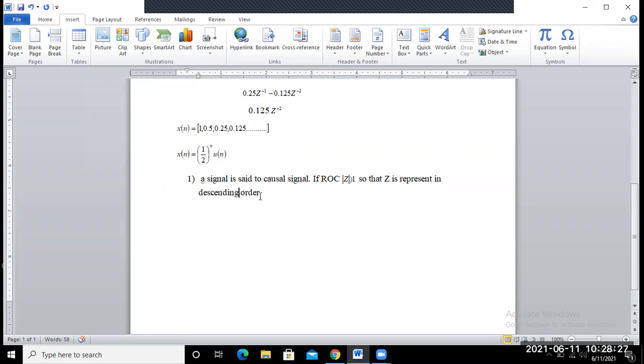Descending order. So Z is represented in descending order, and you will get Z inverse in ascending order. Z inverse in ascending order. Okay.